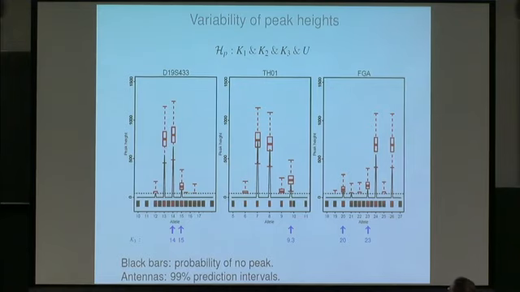And I have 3 markers, and I've drawn the EPG, and for each peak I have indicated the 99% prediction intervals. So the antennas here are the 99% prediction intervals. There's the median and the upper and lower quartiles.